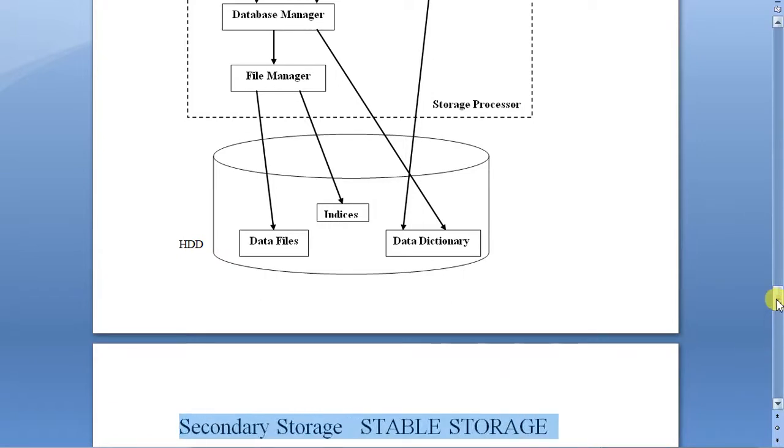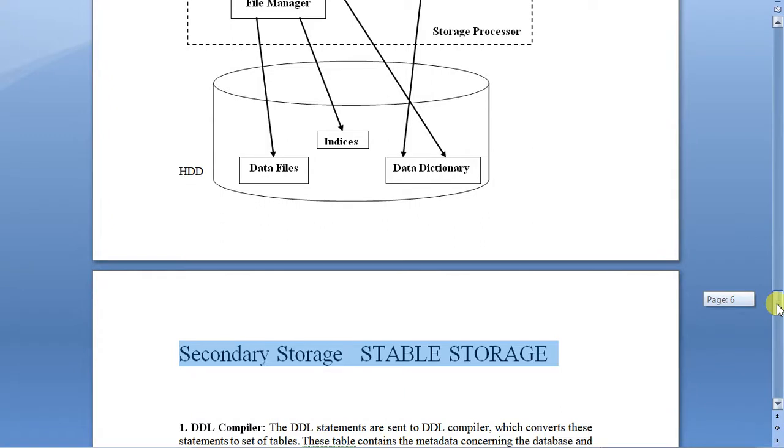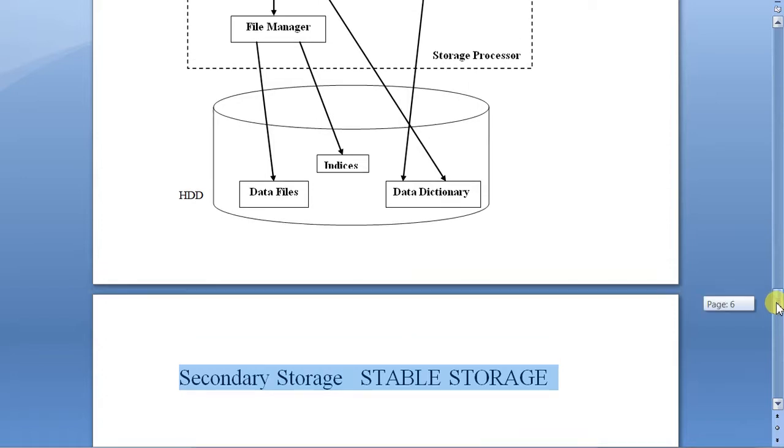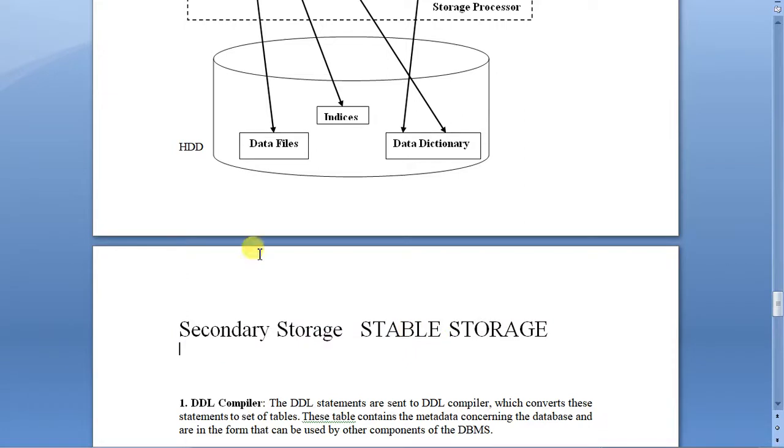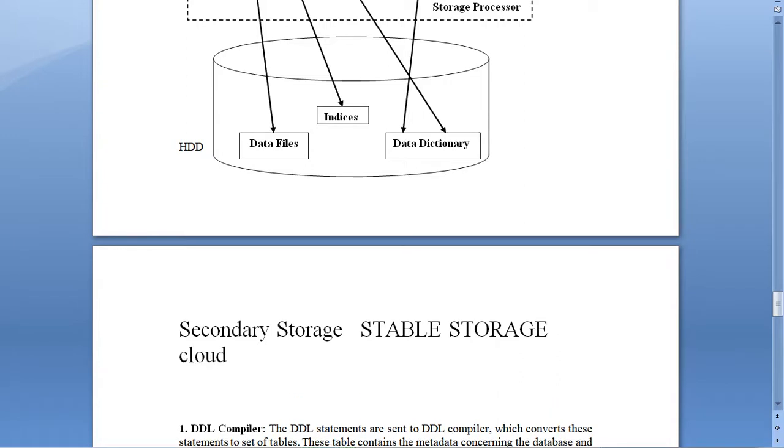Now what is this stable storage? Stable storage is a storage which is assumed to be always intact and correct, free from any kind of failure, so that whenever you pass a certain query, your data is displayed. So secondary storage, hard disk, cloud, you can call it whatever you like, it's all the same.